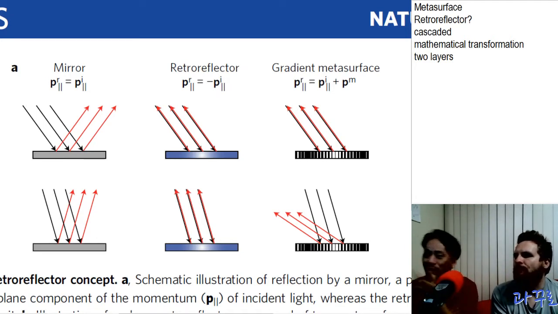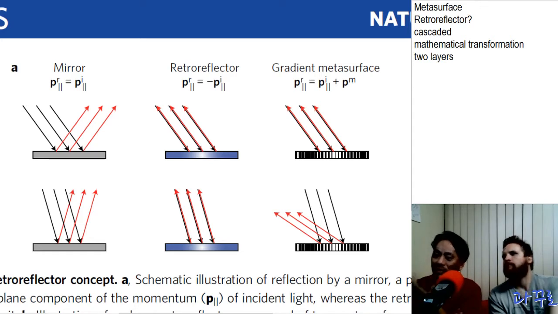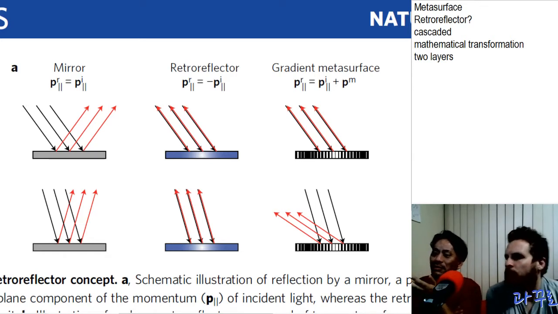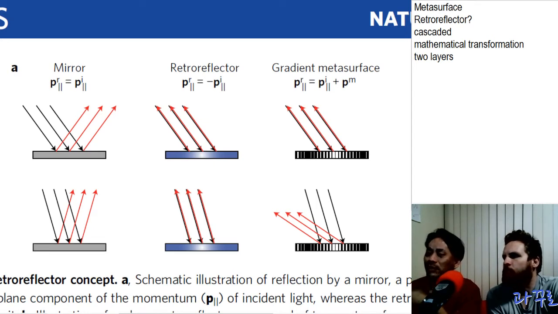So reflection and incidence have basically the same linear momentum in the mirror, but in the retroreflector it is the opposite. And for the gradient metasurface, the linear momentum of the reflected light is the summation of the incident momentum and the momentum generated by the metasurface.